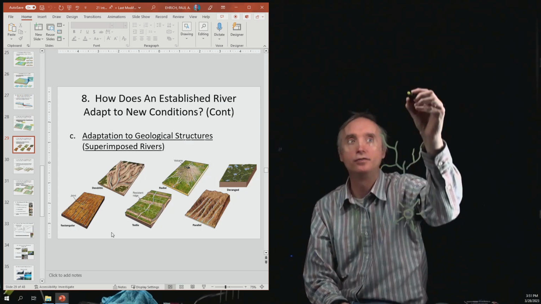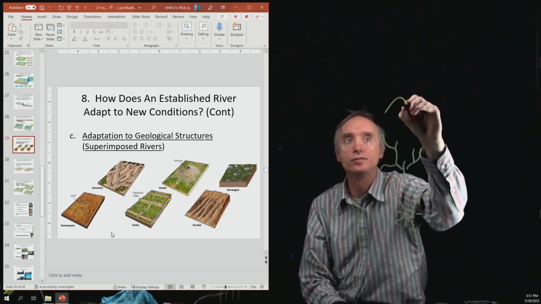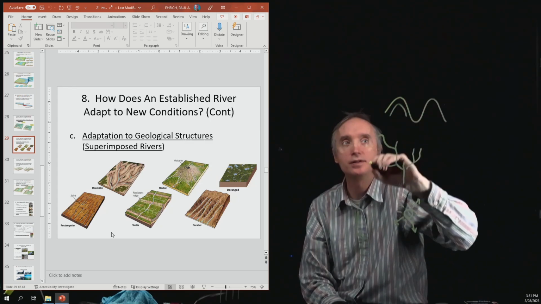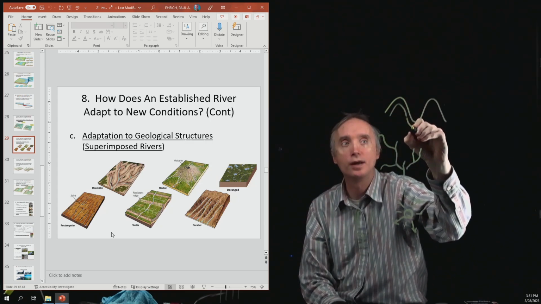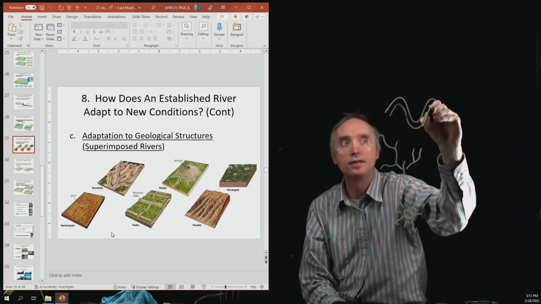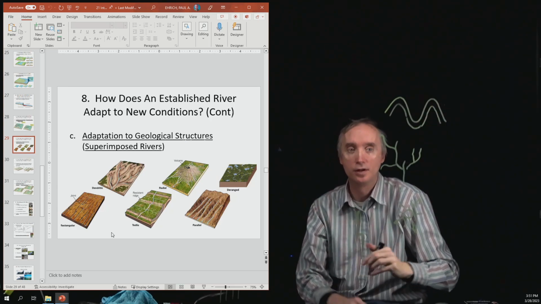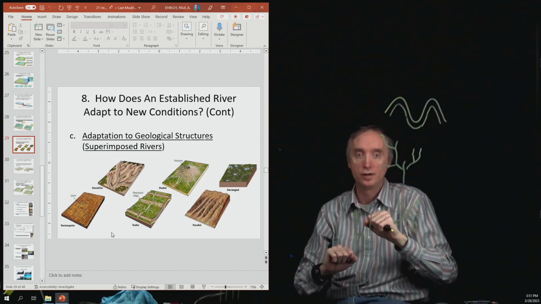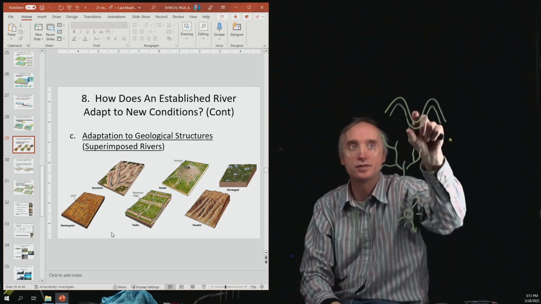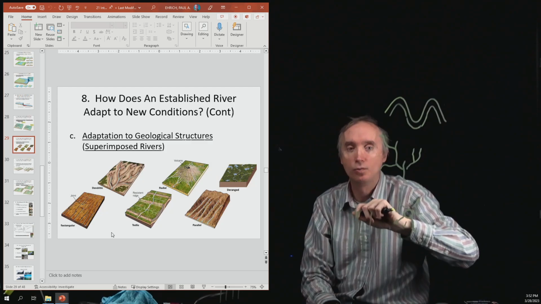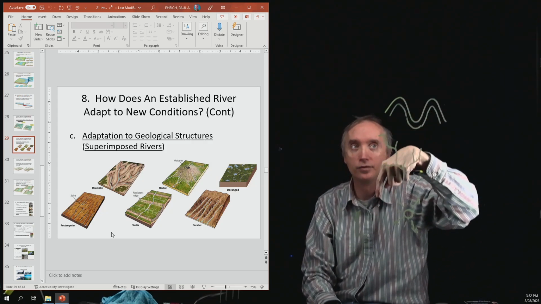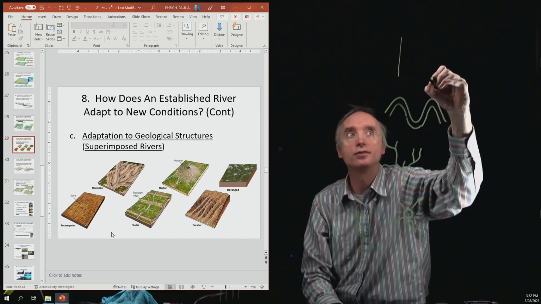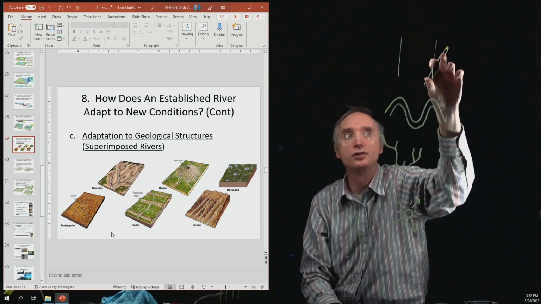From the side view, you've got rocks that make anticlines, then synclines, and then anticlines again, so the ground is folded like an accordion. Let's say this is the sideways view. What would it look like from the top-down view? From the top-down view, you would have a series of ridges.